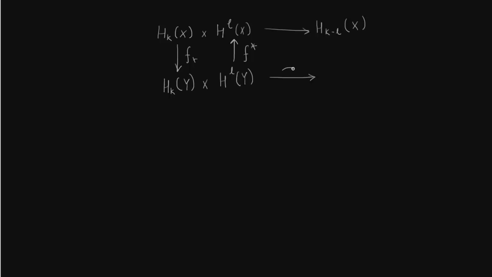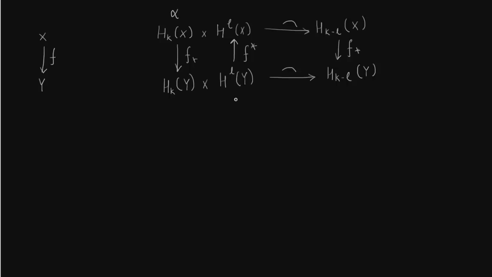So we have the cap product, which was induced from what we had written on the previous slide. And again we have this map f star as a subscript. To complete the diagram, we have f here. This is what we get as a result of what we did in the previous slide.